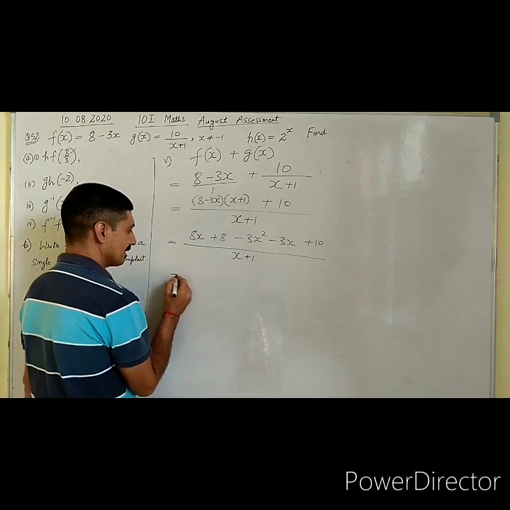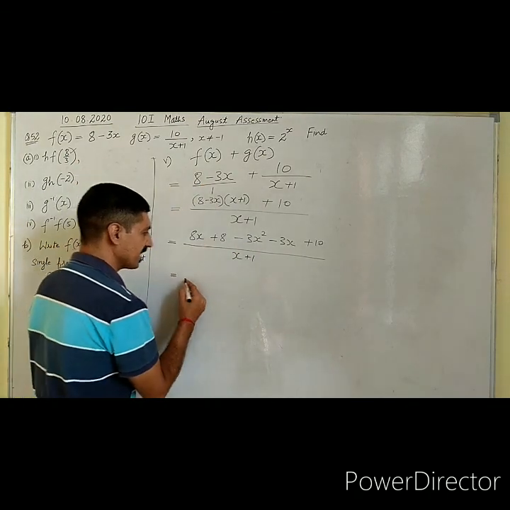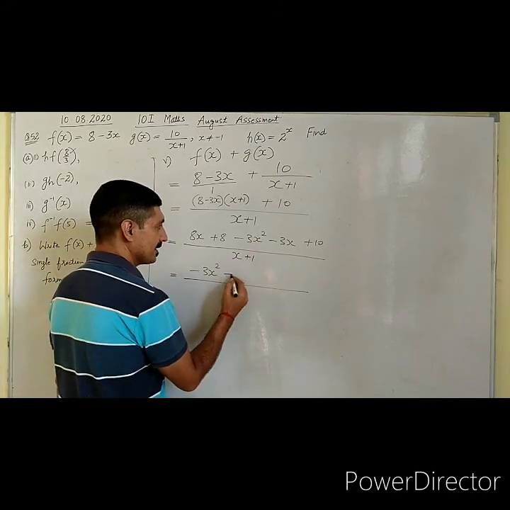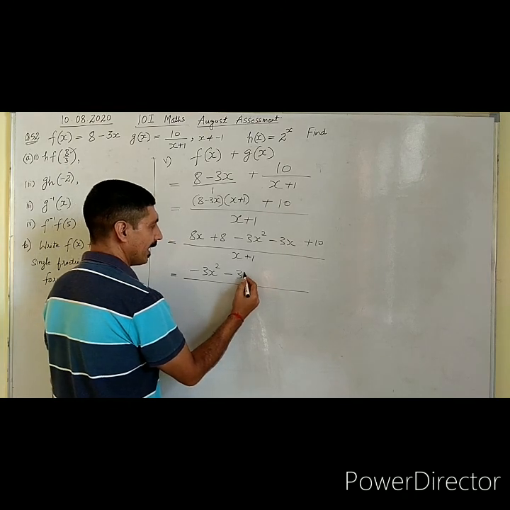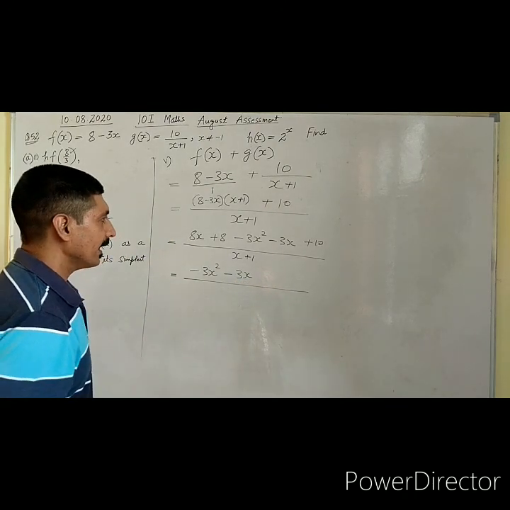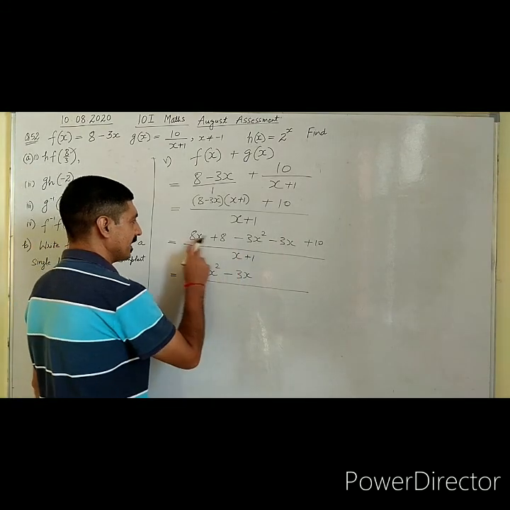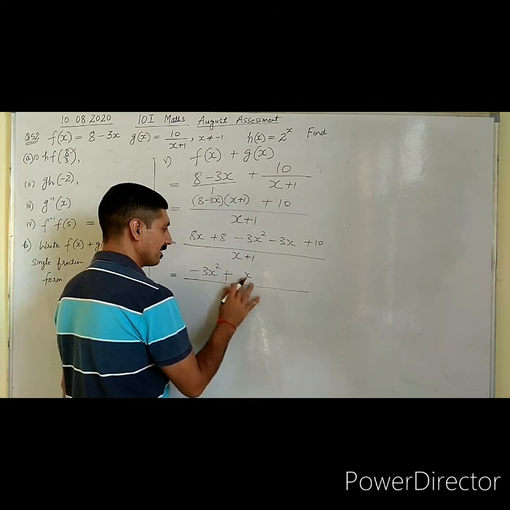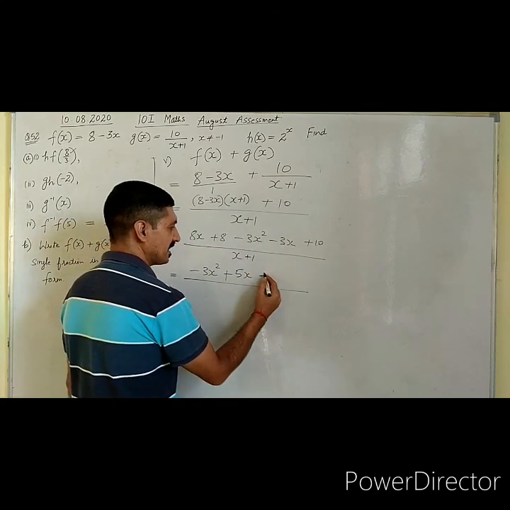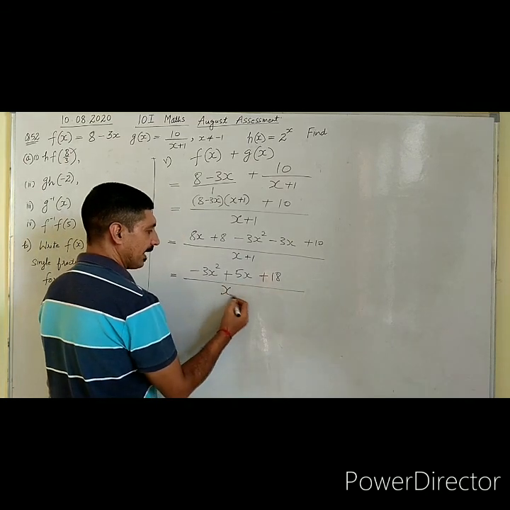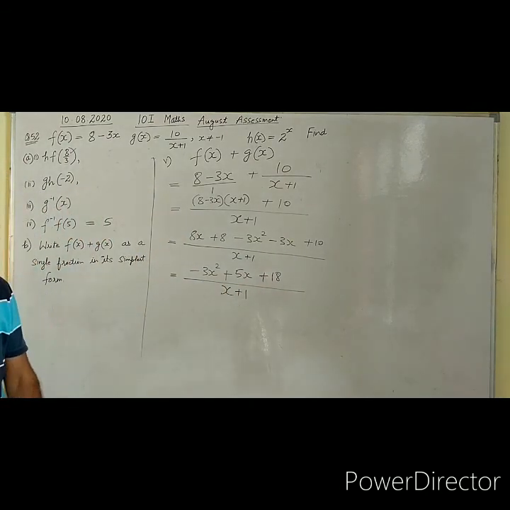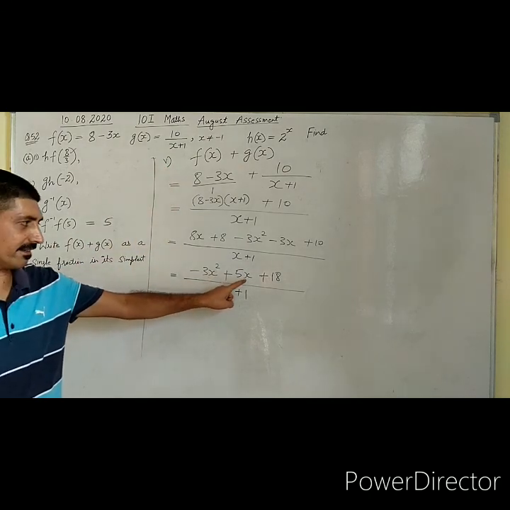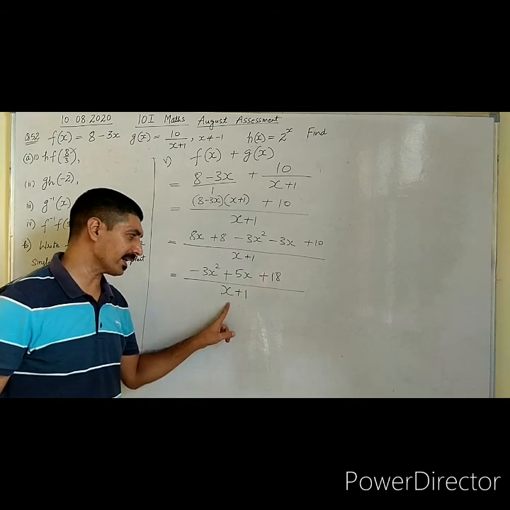So finally we have the value of f(x) plus g(x): minus 3x squared, and 8 is positive and 3 is negative, so we get plus 5x, and plus 18 divided by x plus 1. So this is all about the fifth part, that is minus 3x squared plus 5x plus 18 divided by x plus 1.